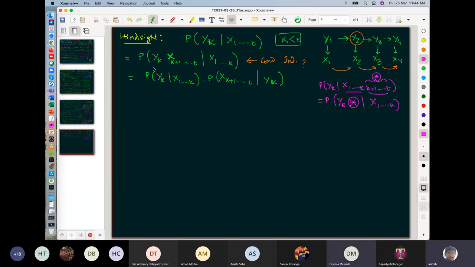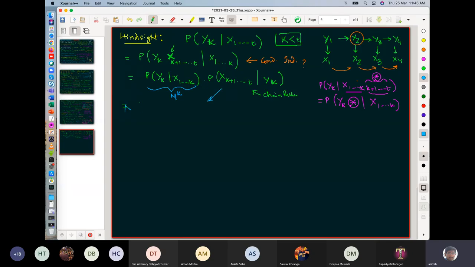Okay, so then it follows. I just made a mistake here, please note that. Then it automatically follows, because this is what we do by chain rule. And you know what I will do next. This one is my monitoring part. I have already computed this monitoring part up to k.